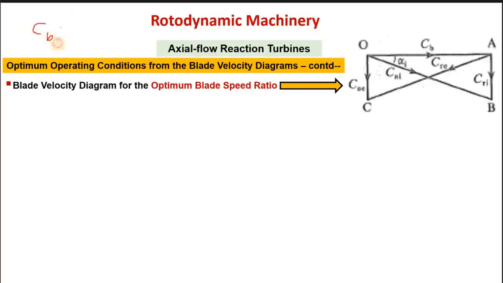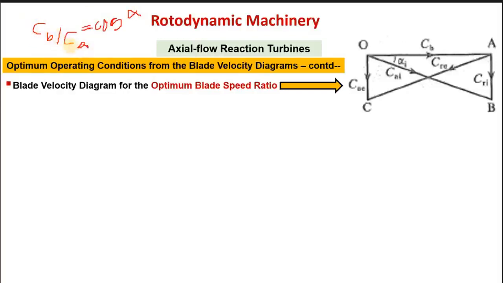So now we know CB over CAI is equal to cos alpha I. So for alpha 0 means CB is equal to CAI. For alpha equal to 10 degree or 15 degree or 20 degree, alpha is not more than 20, so then CB is nearly equal to CAI, a little smaller, but not exactly equal to CAI.